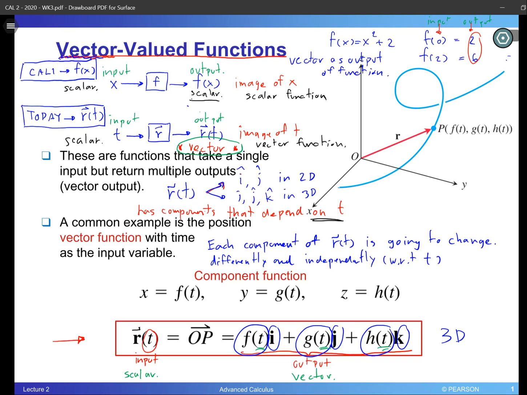It means that each component of R of t doesn't have to change in the same way as the other components. So let's take a look here. For the i component, the change can be described by this function f of t, right? And it's different from the change in the j component, which is explained by a different function g of t. And same for the last component k, explained by another function.